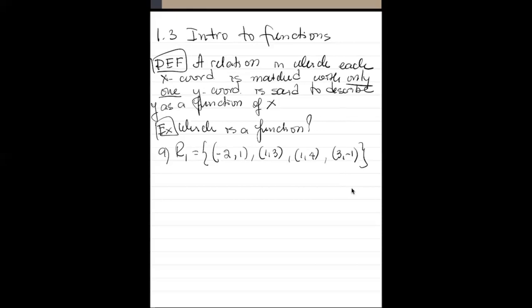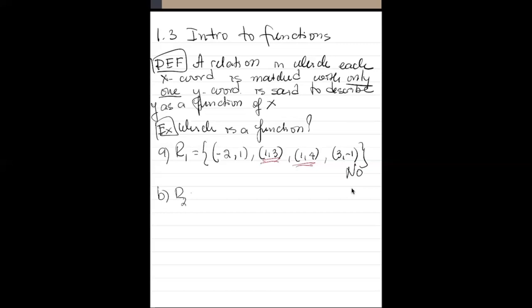Does this relation correspond each x to exactly one y? -2 goes to 1, 1 goes to 3, but notice this, 1 goes to 3 and then 1 goes to 4. So that is a problem, and we say this is not a function because we don't have the exact correspondence.